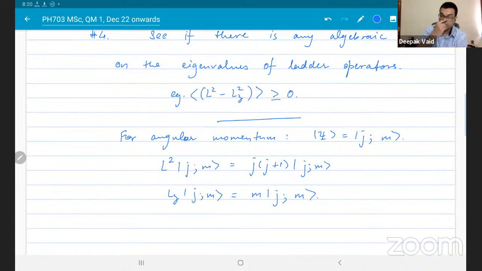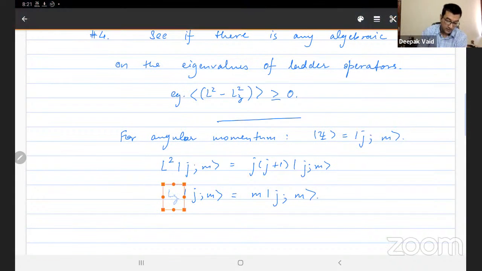So j is a measure of the total angular momentum and m is the component along the z axis. So in one direction, projection of the angular momentum in any one direction.